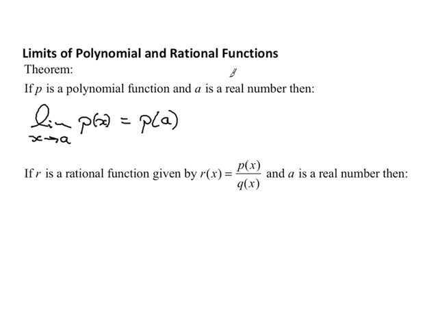And of course, rather than a, we could have used c or k or anything else to represent any real number. So this would be p of c or p of k or p of whatever.